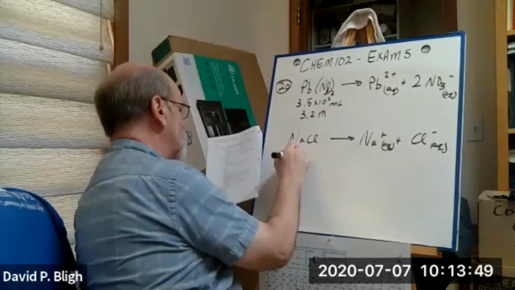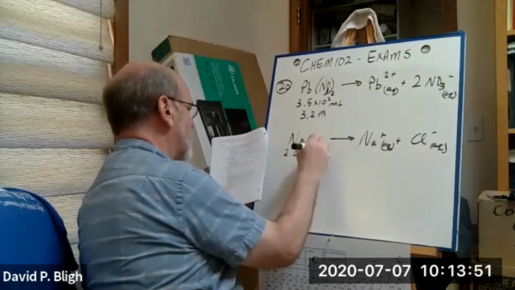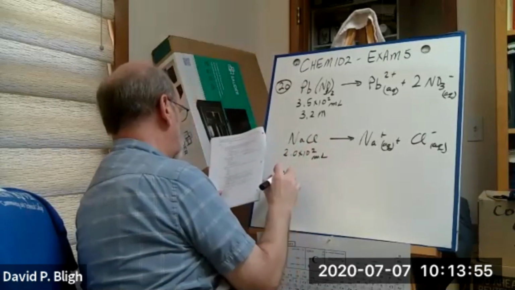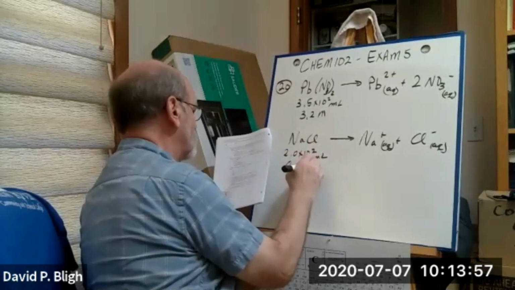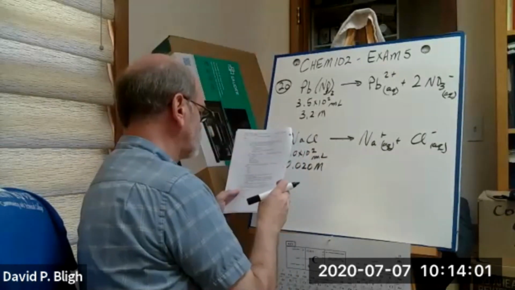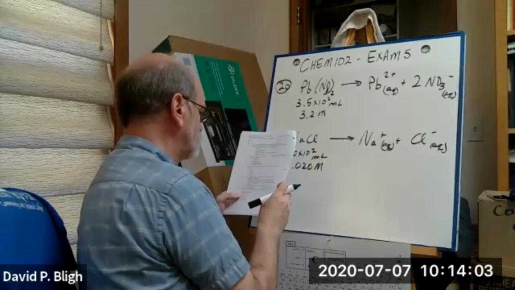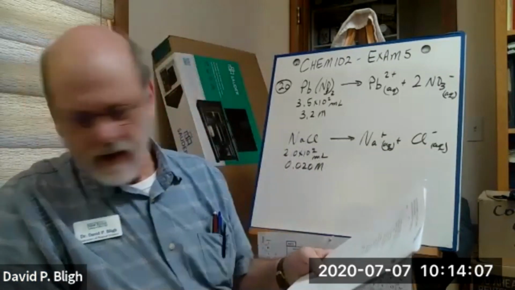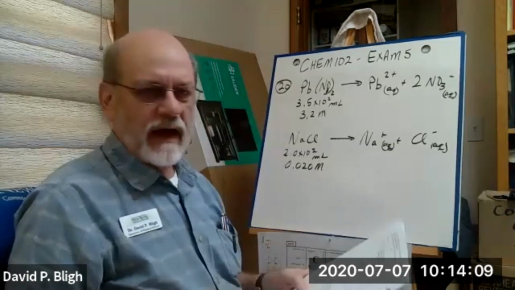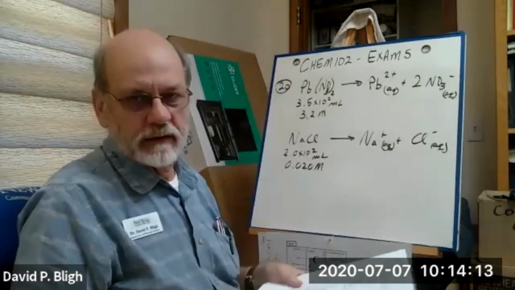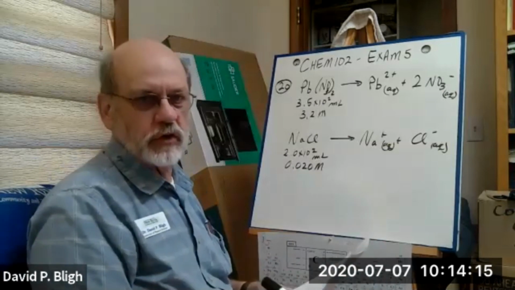We have 2 times 10 to the squared milliliters of 0.020 molar sodium chloride. Now it tells us what the KSP is, but it asks you for the ion product. So the KSP, you don't need it, right? We're looking for Q, not K.